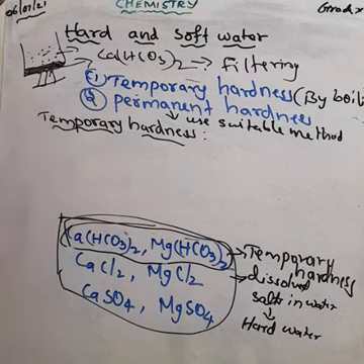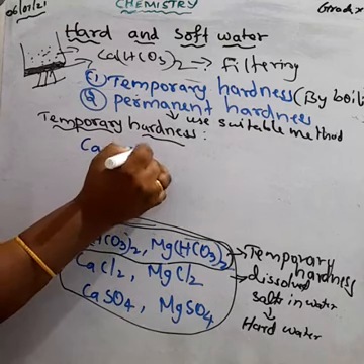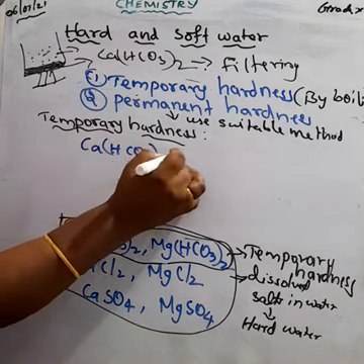How can we remove, for example, calcium bicarbonate? What is the formula for calcium bicarbonate? Ca(HCO3)2.